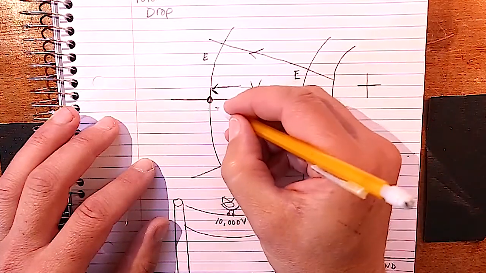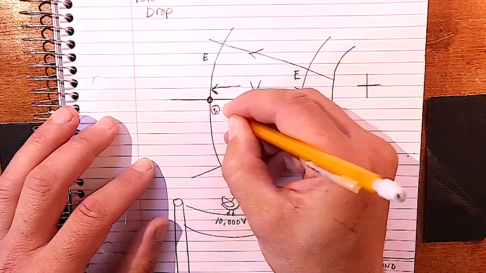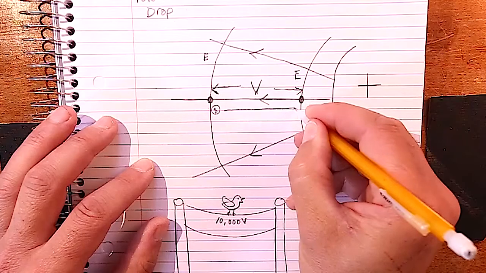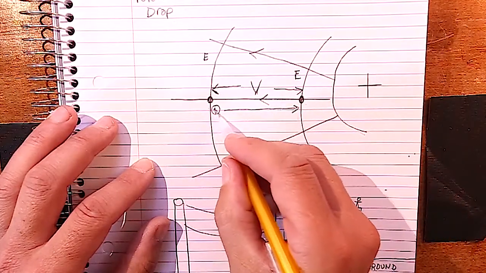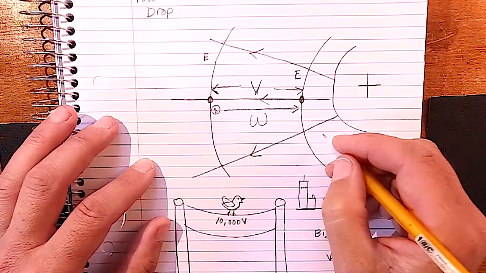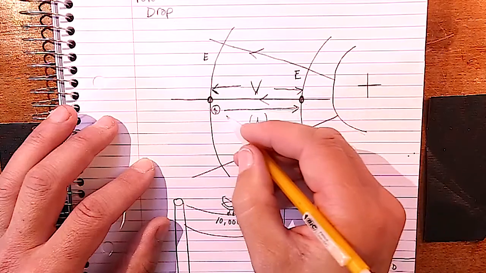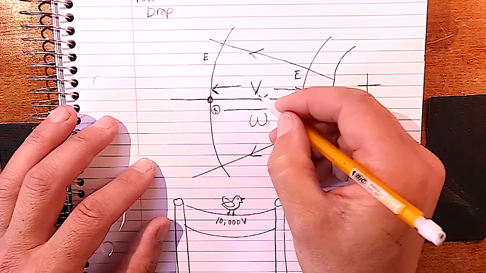Specifically, it is the work for a certain amount of charge that we move from here to here. So let's say we take a proton and we push that proton over to here. That's going to require work, and the work done per charge that we have is going to be the value of voltage.